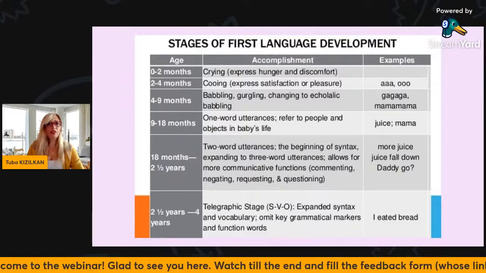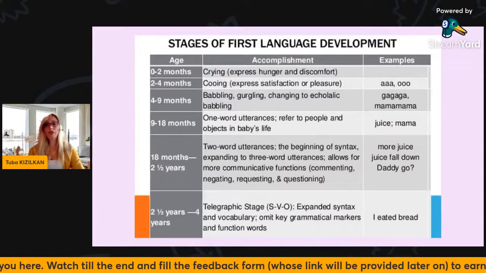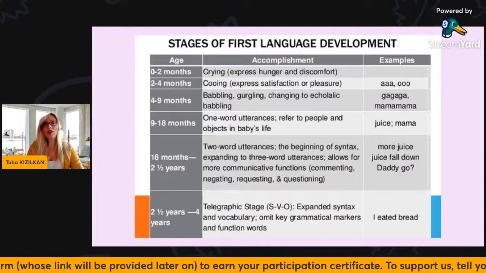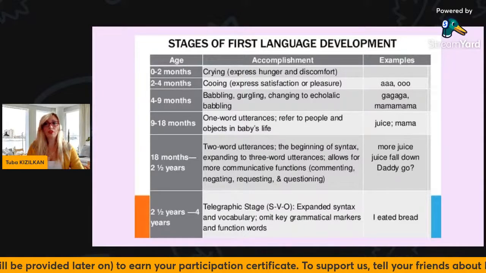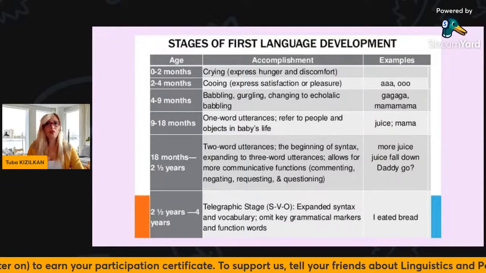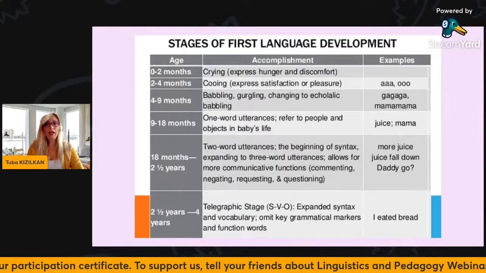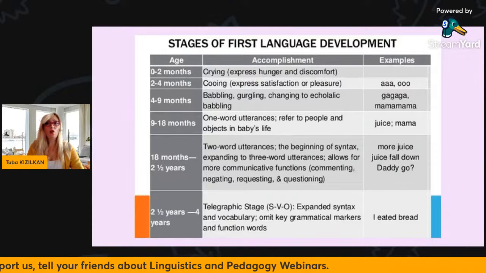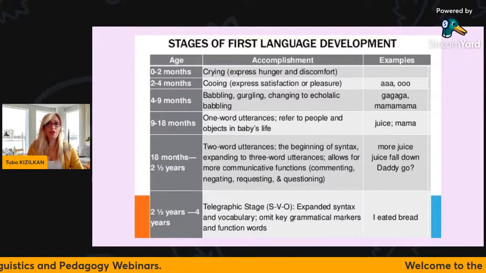So, as you can see, in the first 2 months the baby just expresses himself or herself through crying, expressing hunger or discomfort, and between 2 and 4 months, the baby has cooing sounds like ow, oh, expressing satisfaction or pleasure.